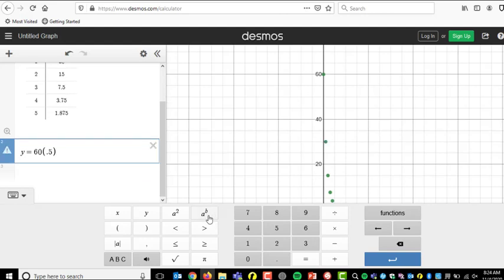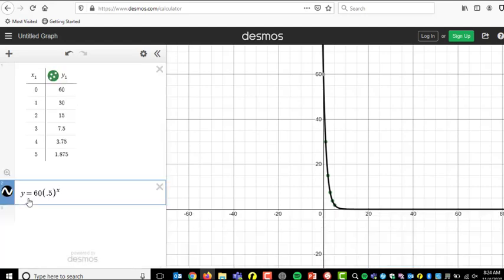So I click that A to the B key and put the letter X. And you can see, awesome, I've got the correct equation for that exponential function, and it is going through the points like it should.